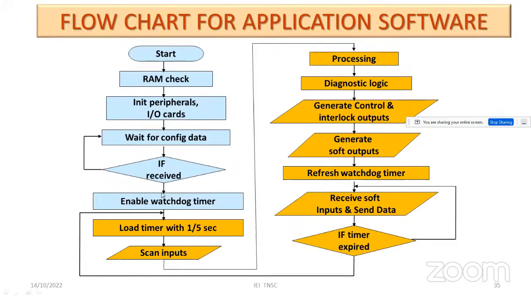Then after getting the configuration data, enable the watchdog timer, load the timer for 1 second or 5 seconds, then scan the inputs, processing, then diagnostic logic, then generate the control and interlock outputs, then generate soft outputs. Refresh the watchdog timer, receive the soft input and send the data. If a timer expires, then this loop has to be followed. This is the typical application software flowchart.